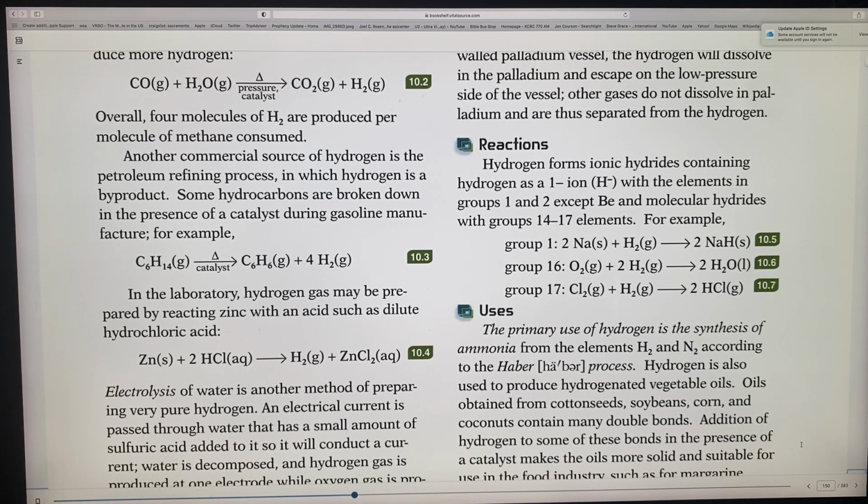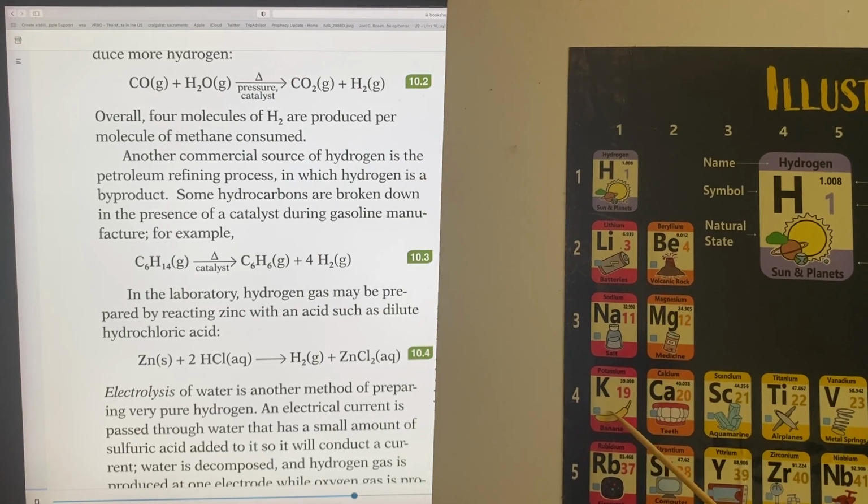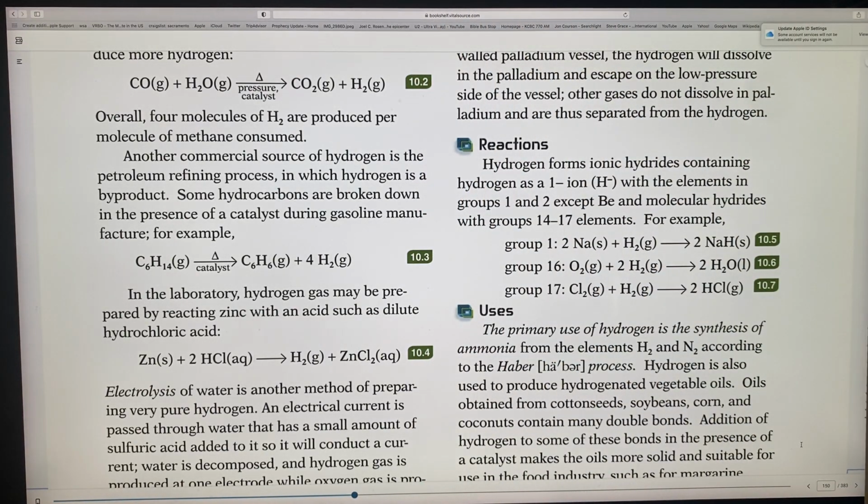Here we have sodium and hydrogen making a compound. We can take potassium, which is K, and potassium is in the same group as sodium. K right there is potassium. So we just put K in where the Na is, and that's the way we do it with K.